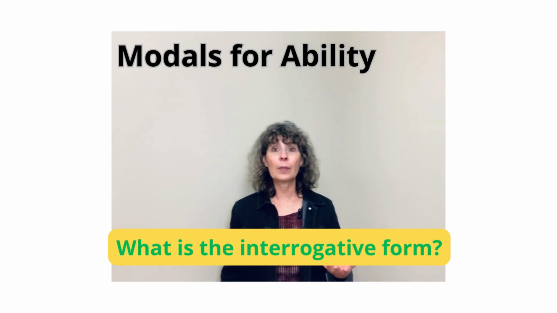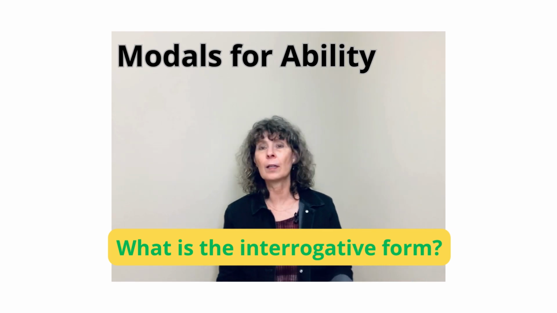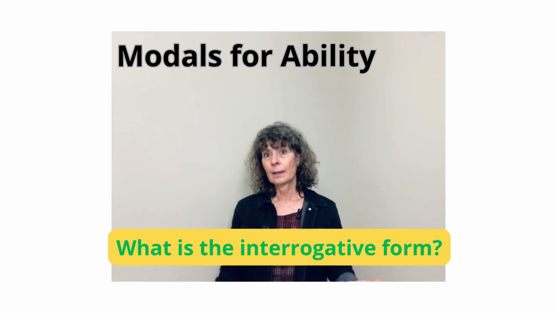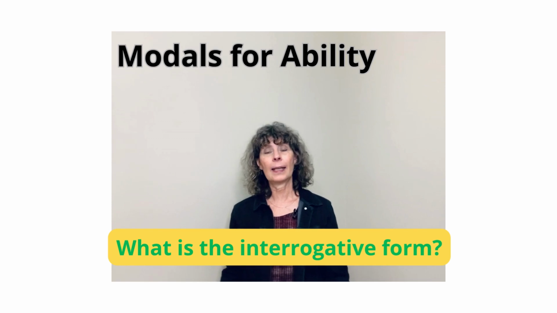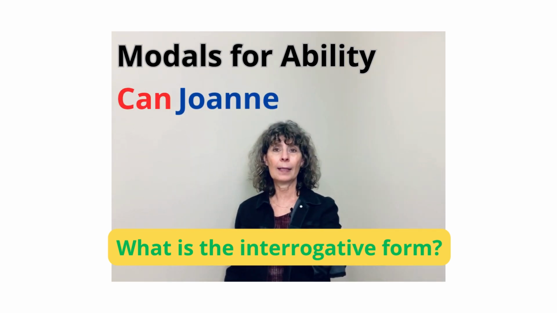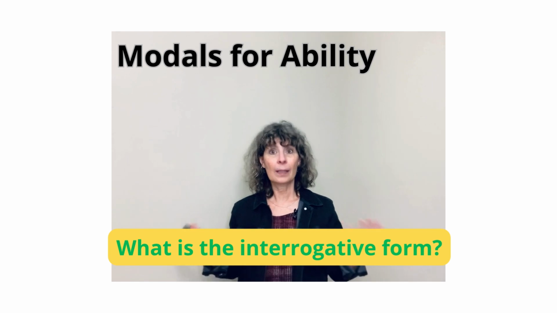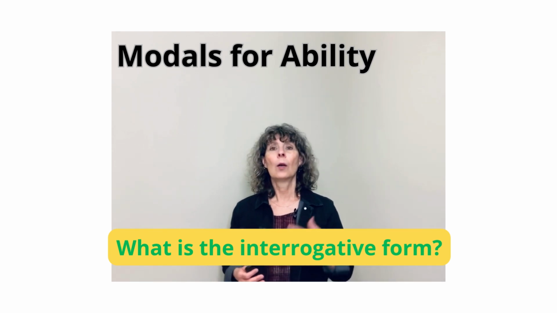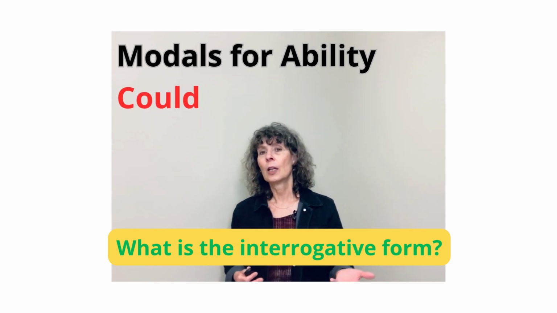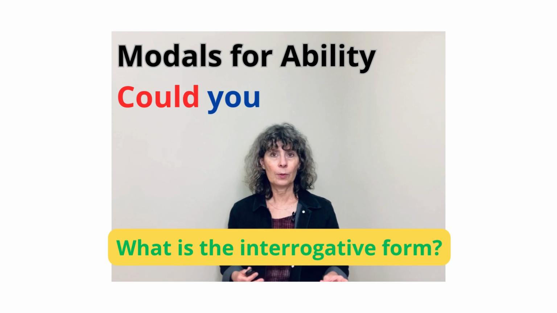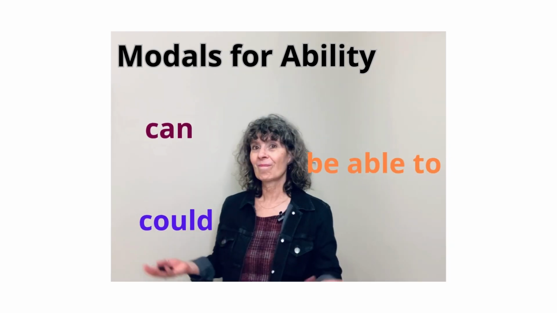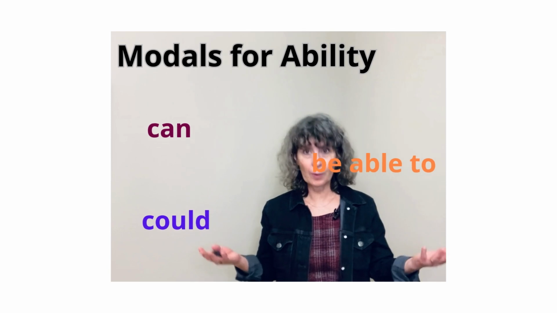So for example, if I would like to know if Joanne can lift the box, I'll say, can Joanne lift the box? So another question could be, when you were young, could you climb trees? So there you have it for ability.